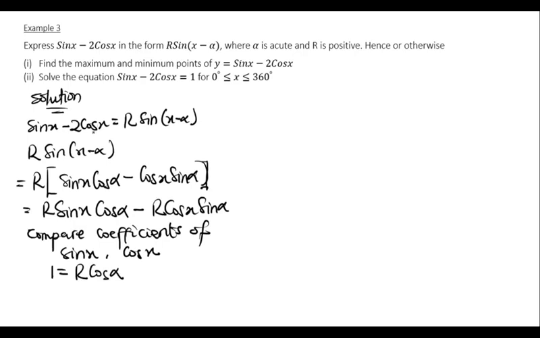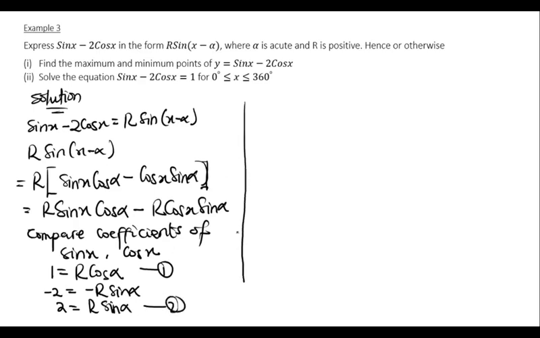Then the coefficient of cos x over here is -2, so we have -2 is equal to -r sine alpha. This is equation 1, and because we have negative at both sides, 2 equals r sine alpha as our equation 2.